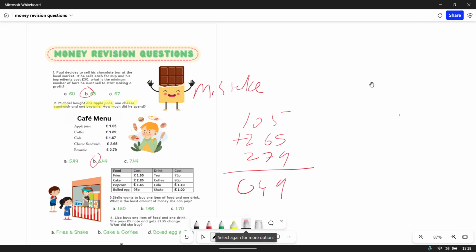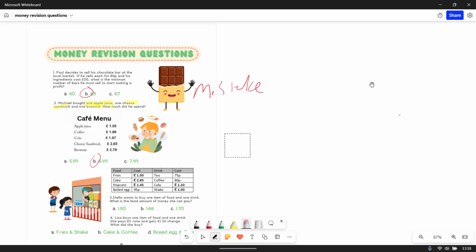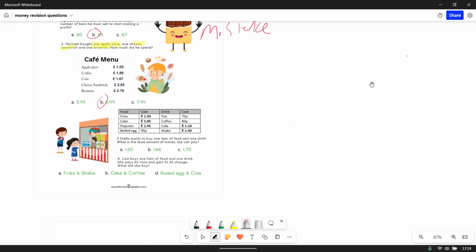Okay. Number 3, Stella wants to buy one item of food and 1 drink. What is the least amount of money she can pay? So what's the smallest food? It's either fries, cake, popcorn, or boiled egg.